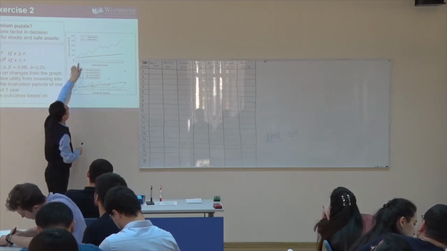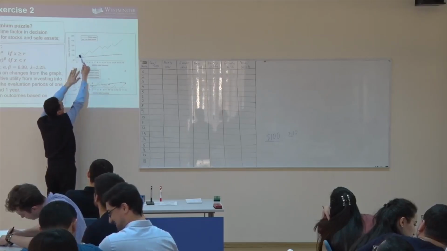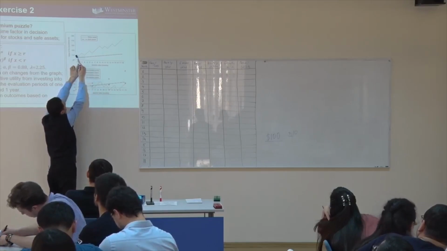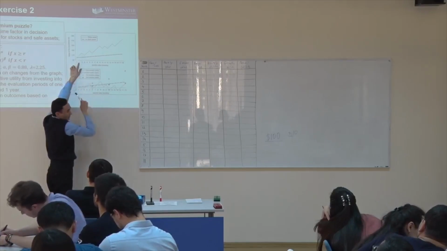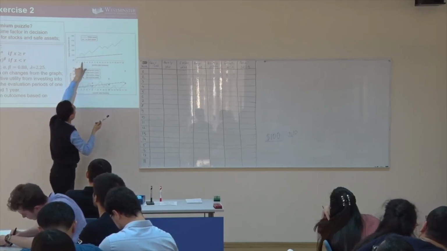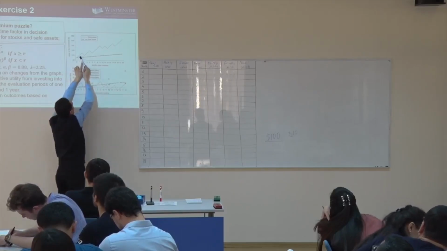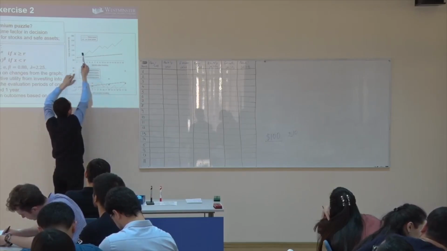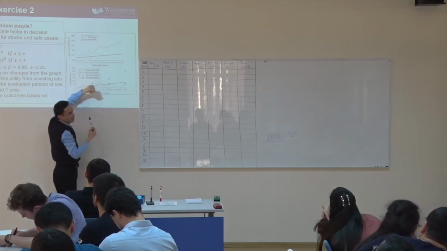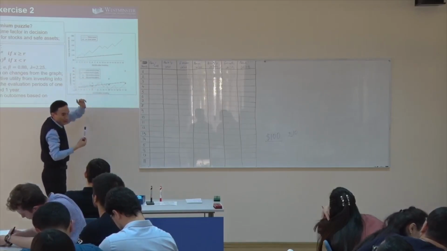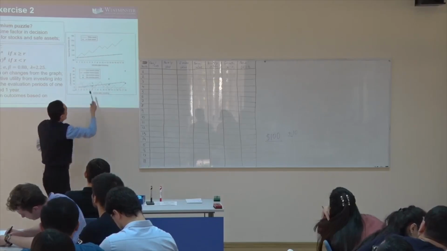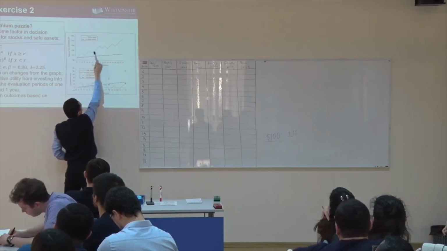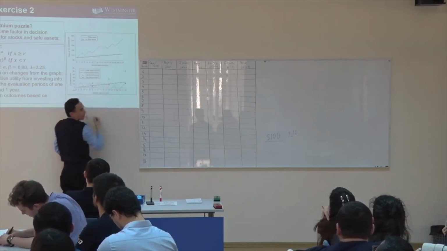The first month there was an increase, which means that $100 became $110. The second month there was an increase, so the investment became 120. In the third month there was a decrease, which means our investment became $10 less. So now you can see increase, increase, decrease, increase, increase, decrease, increase, increase, increase, decrease, and so on.